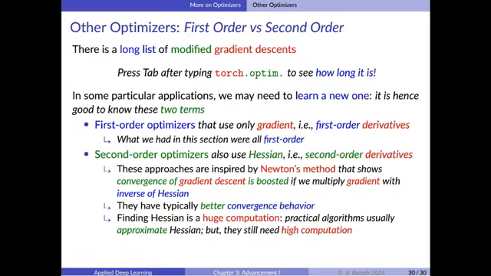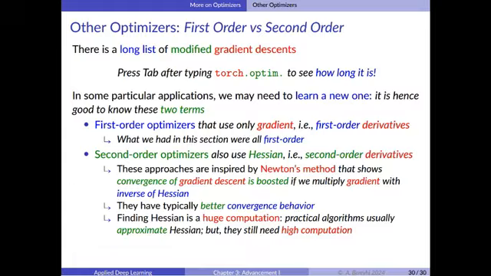Okay, we have seen lots of algorithms here, and we have first order minimizers which use first order derivatives, and all of the things that you have seen were first order optimizers.